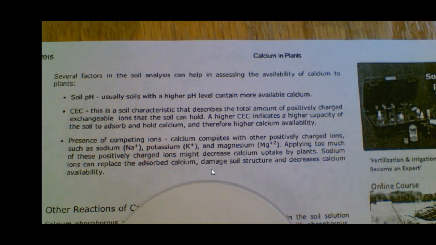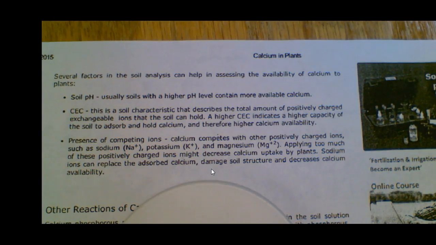And then we also have to look at the presence of competing ions within the soil solution. So calcium competes with other positively charged ions, and those would include sodium, potassium, and magnesium. Okay, notice that magnesium is a direct 1-to-1 ratio with calcium, and sodium and potassium are 1+, so it would take 2 of them to replace the 1 calcium.